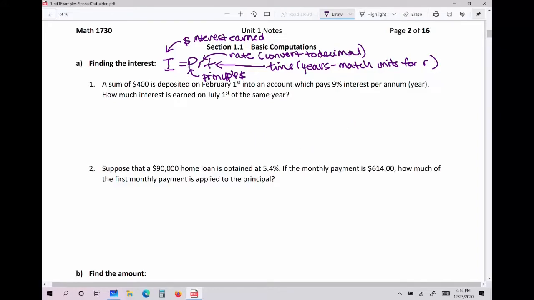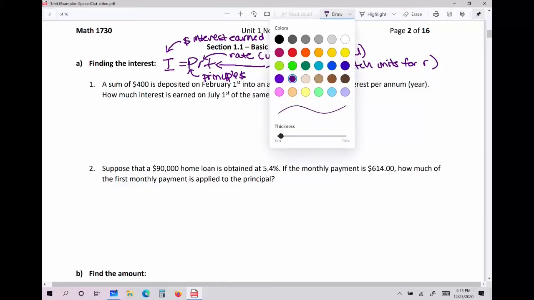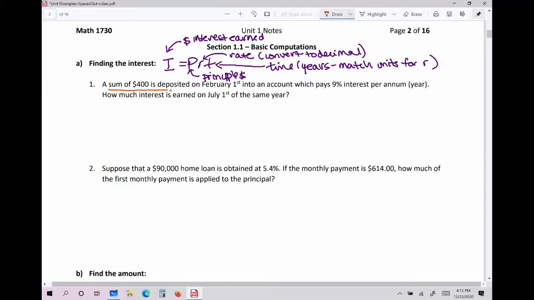Let's take a look at example 1. Here we have a sum is deposited, so that means P is 400, on February 1st, and we're not told a year, so 400 would go here, into an account that pays 9%.